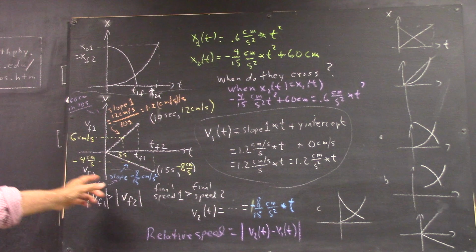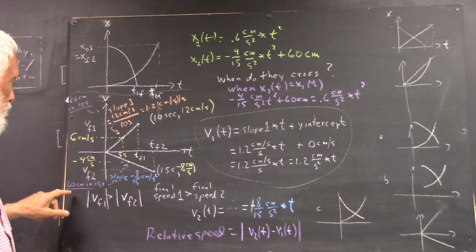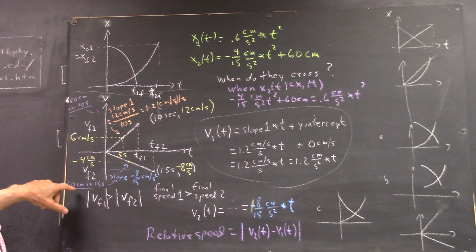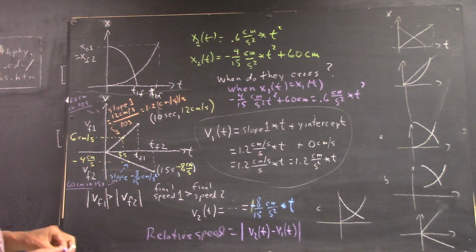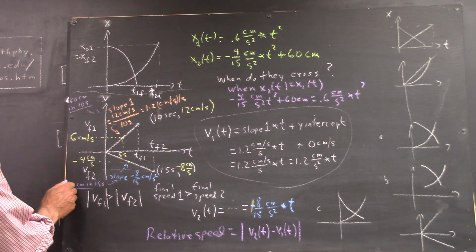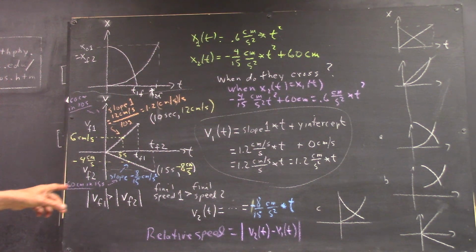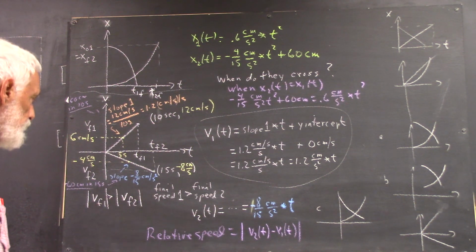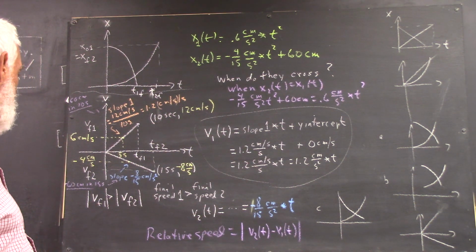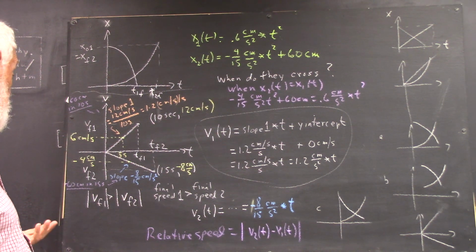Then on the second ramp we assume we go 60 centimeters in 15 seconds, except the 60 centimeters is in the opposite direction, so I'm going to put a negative on that. That's a negative 60 centimeters in 15 seconds, so our average velocity is going to be what?